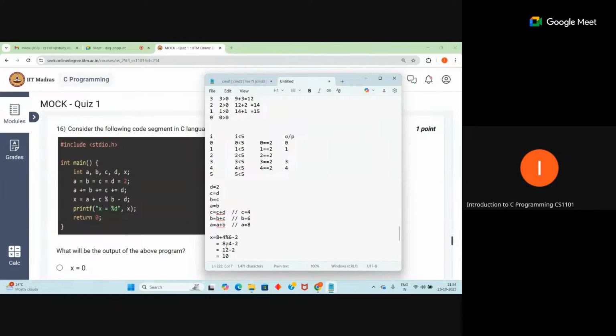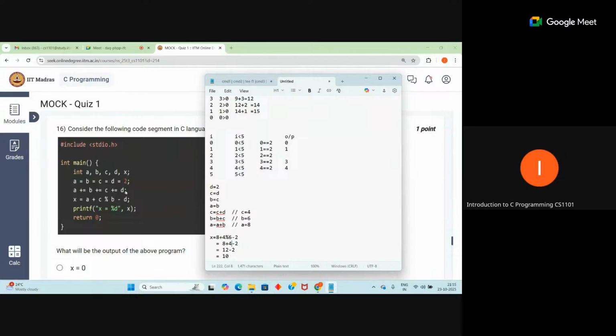Now we are left with two operators, plus and minus. Both have the same precedence. In that case, we go for associativity. Associativity always says whether we need to execute from left to right or right to left. For arithmetic operators, associativity is left to right, whereas for the assignment operator, associativity is right to left.